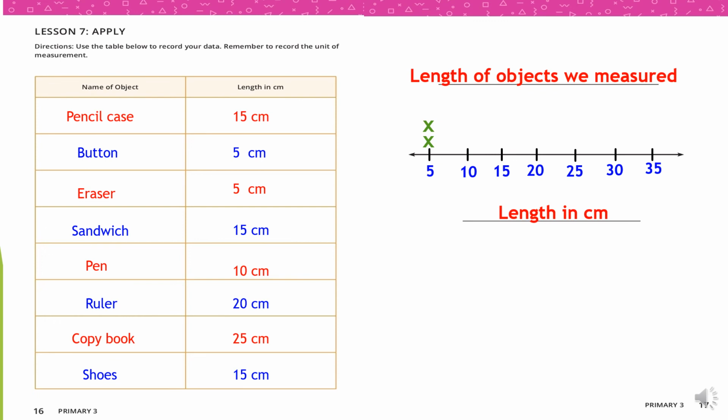How many items are 10 centimeter? Only 1, so we will put 1 x. How many items are 15 centimeter? We have 3 items, so we will write 3 x's. 20 centimeter, only 1 item. 25, only 1 item.